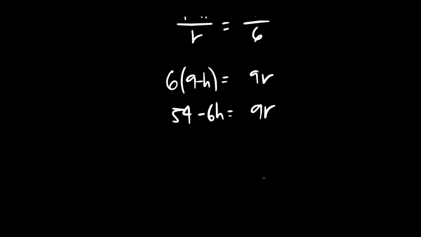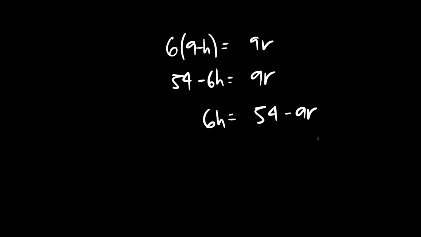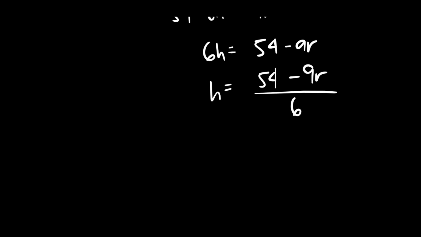So 6h equals 54 minus 9r. So h equals (54 minus 9r) over 6. So h equals (9 minus 3r) over 2.